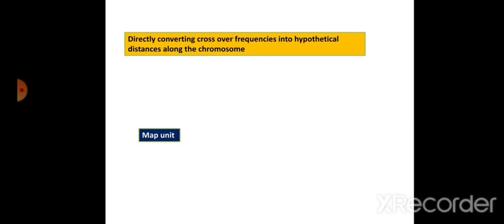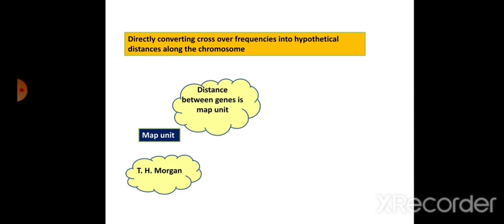So directly converting the crossover frequency into hypothetical distance along the chromosome, that is what the crossover frequency is equal to: only the distance between the genes, and that can be measured in terms of a map unit, or it is also called a centimorgan.